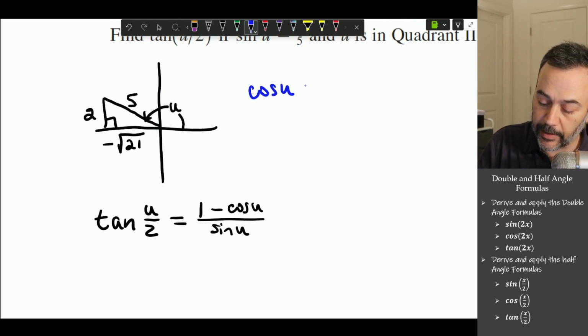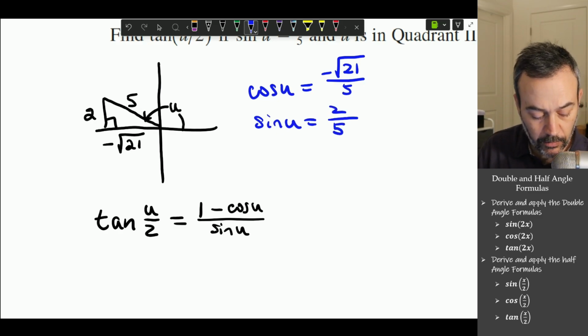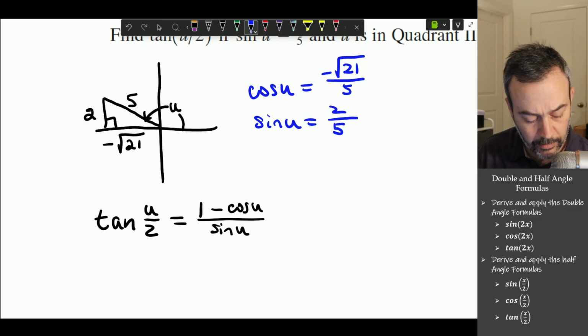Cosine of u is the x coordinate, or the x side of the triangle, divided by the hypotenuse. And what is the sine of u? We can get it right from the triangle. It's 2/5. So we can actually just plug this straight in.